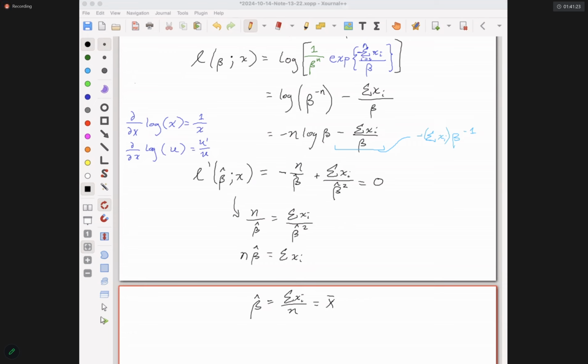So we haven't shown yet that this is the MLE. Because what thing do we need to do next?